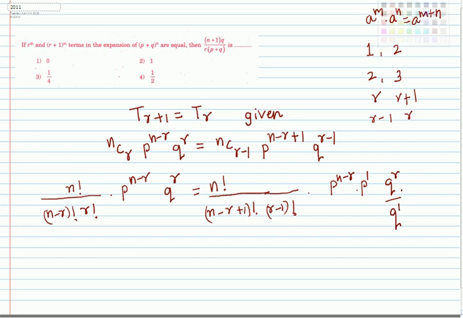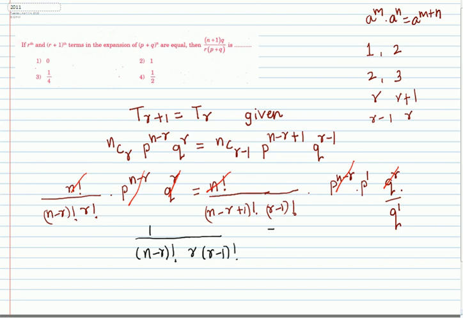Now which terms get cancelled? n factorial, p raised to n minus r, q raised to r. Let's see what remains. In the left hand side we have 1 divided by (n minus r) factorial into r factorial, which I am going to expand as r into (r minus 1) factorial.